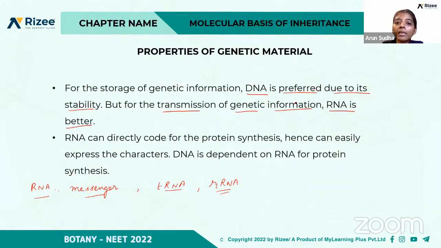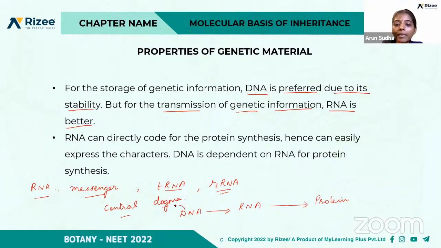So how is the genetic information transferred? Normally, what is the central dogma actually? Central dogma is first the DNA, which is converted to RNA, and this is converted to protein, right?